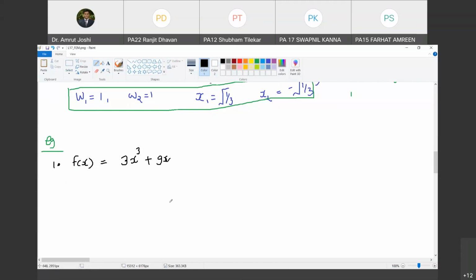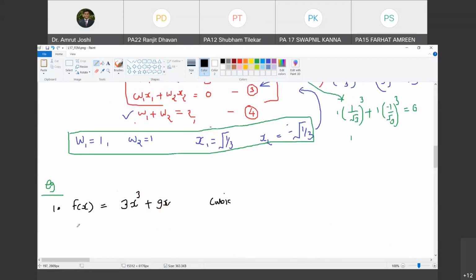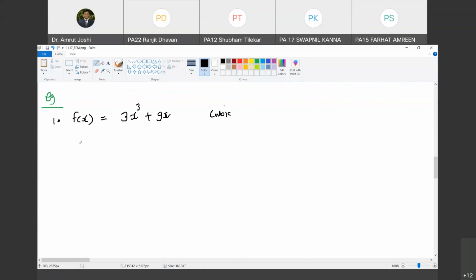It doesn't have constant term, it doesn't have square one, but it is a cubic polynomial. Do you agree with me? Yes, sir. Okay. Now, as per my claim, what is the task that I am given? I need to find out the integration from -1 to 1 f of x dx. Are you with me? Yes, sir.